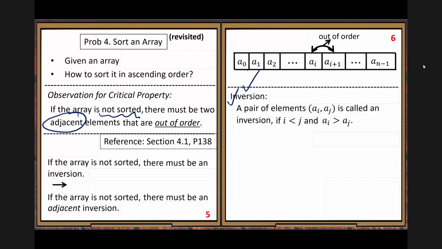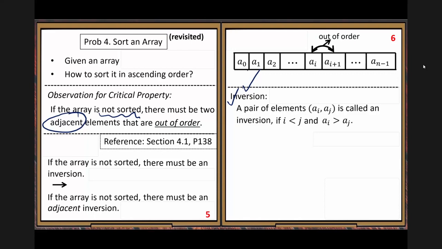This is the critical property we discovered for our new solution. Next, with this new critical property, how do we develop our new solution?